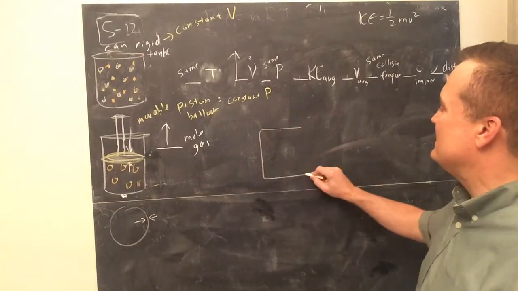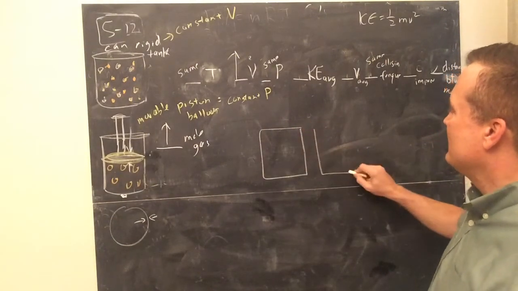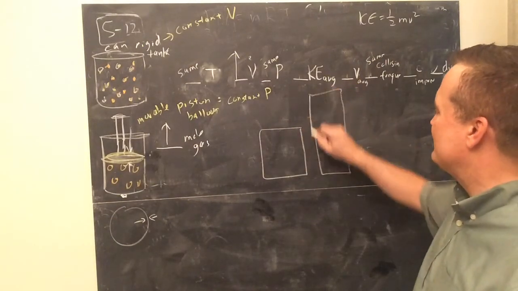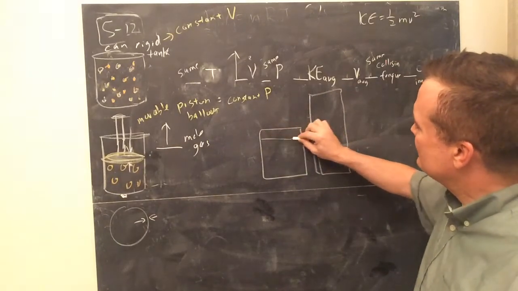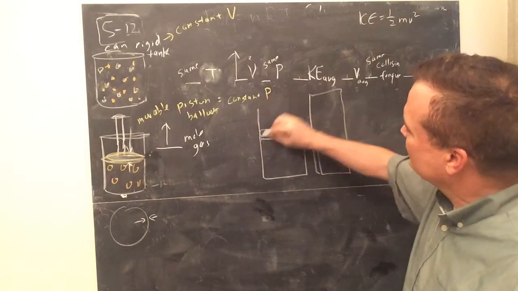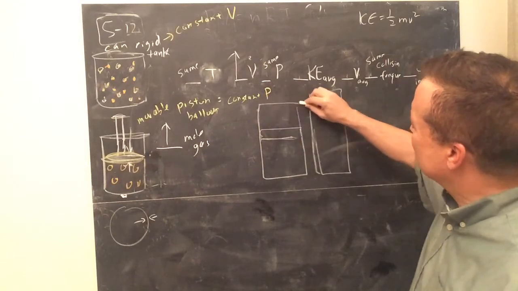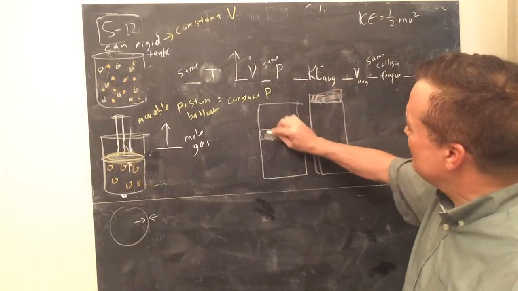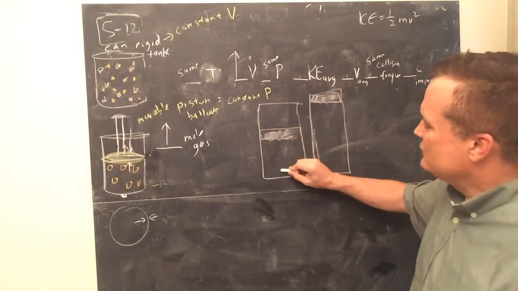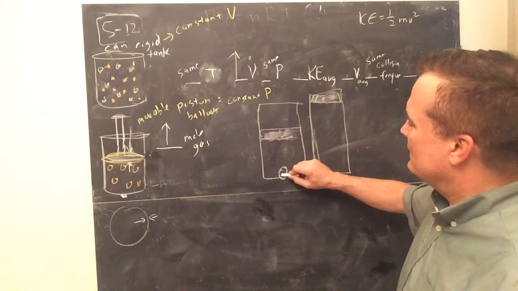So let's just say here's the volume before, and it goes up to here's the volume after. So let's just say that the piston was here. I don't know how to draw that too good. I'm trying to make it quick, and it went all the way up to here. Let's just say that you had this volume before. You had a molecule. Think about one molecule only going, boom.